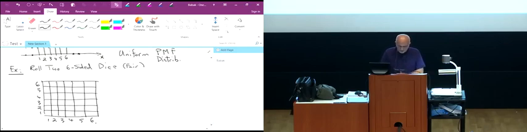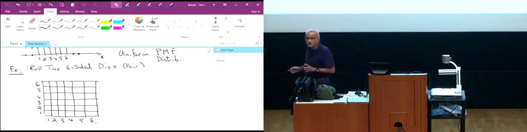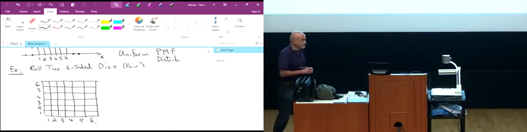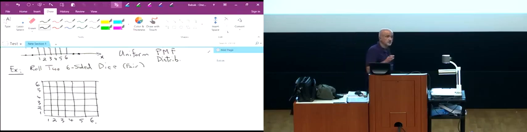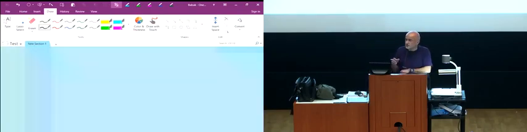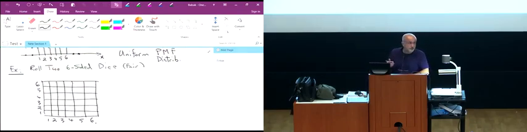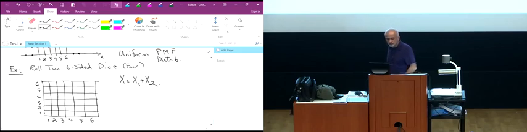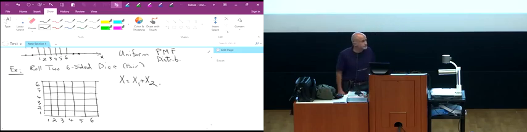So, on the same experiment, we can define different random variables. The probability law is fixed for each of the sample points, but the random variables can be defined in any number of ways. So I can, for example, define a random variable x to be the sum of the outcome of the first die and the second die.